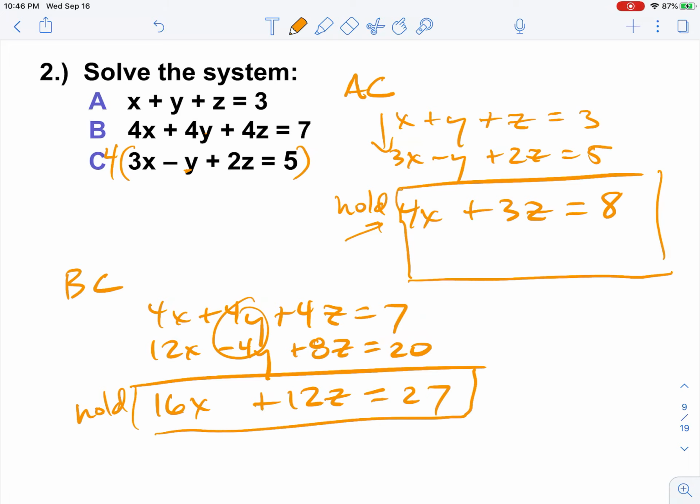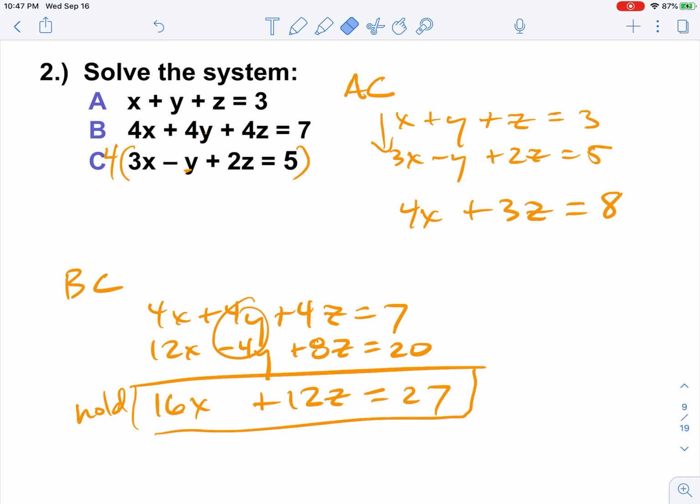And I think what I'm going to do is I'm just going to multiply this equation. I'm going to get rid of the z's. So I'd like a negative 12z there. So I'm going to multiply by a negative 4.